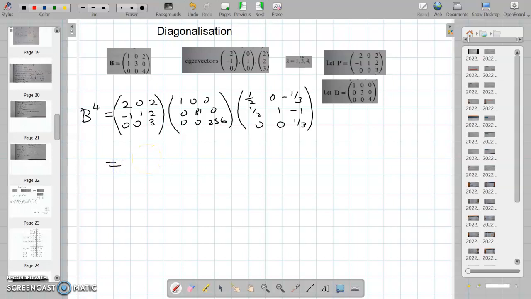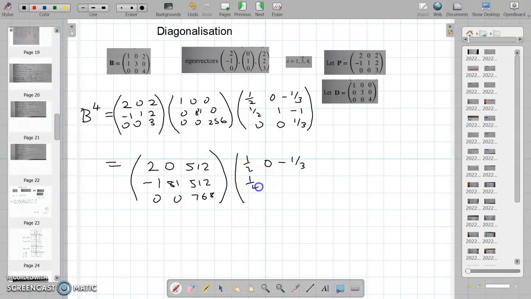I'm going to multiply the first two out, and I get 20, 512, minus 1, 81, 512, 0, 0, 768, and I need to multiply that by a half, 0, minus a third, half, 1, minus 1, 0, 0, a third.